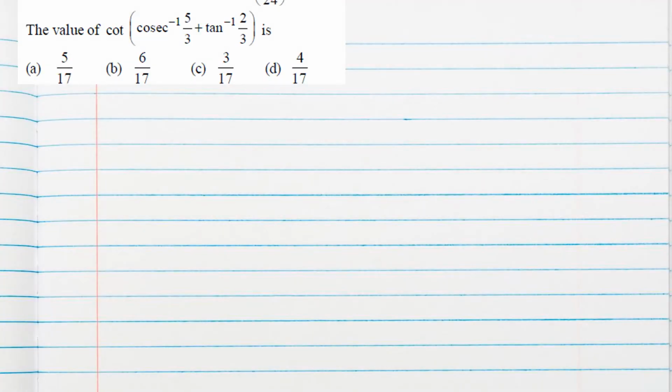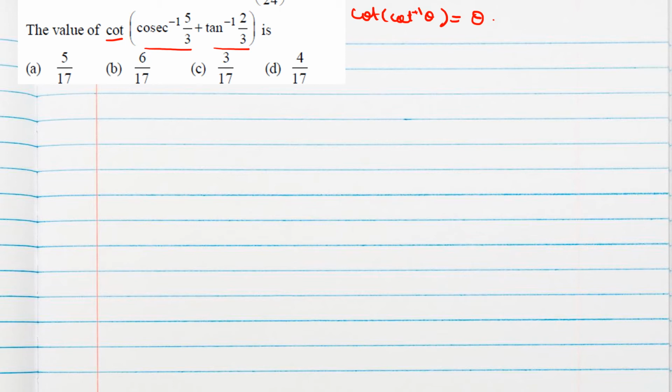Question: the value of cot of cosec inverse 5 by 3 plus tan inverse 2 by 3 is. Now see, if cot is outside, then cot of cot inverse theta, by applying the property, we will get the theta value. That means whatever value is inside, cot of that value we will get.